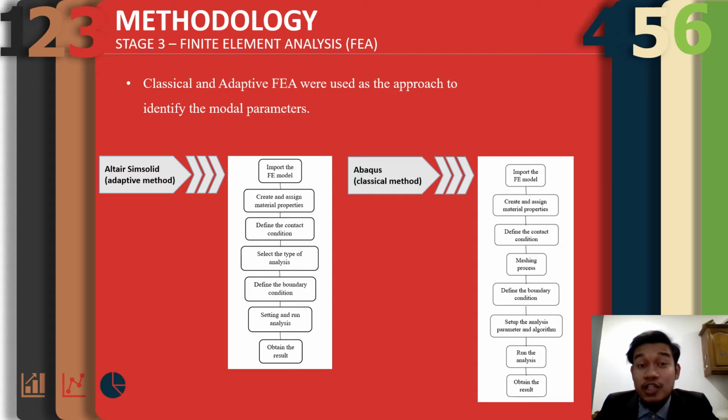The next stage is stage 3, which is finite element analysis. Classical and adaptive FEA were used as the approach to identify the model parameters. As we can see in the slide, there are the adaptive method and classical method flowcharts.